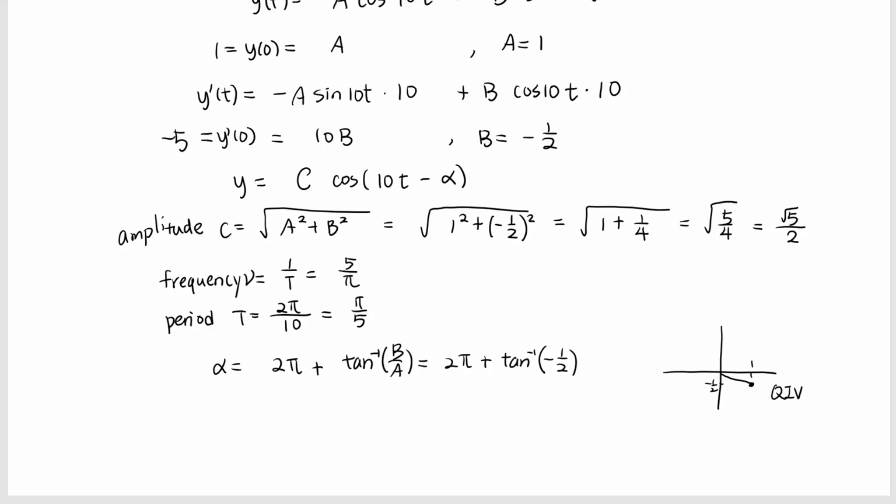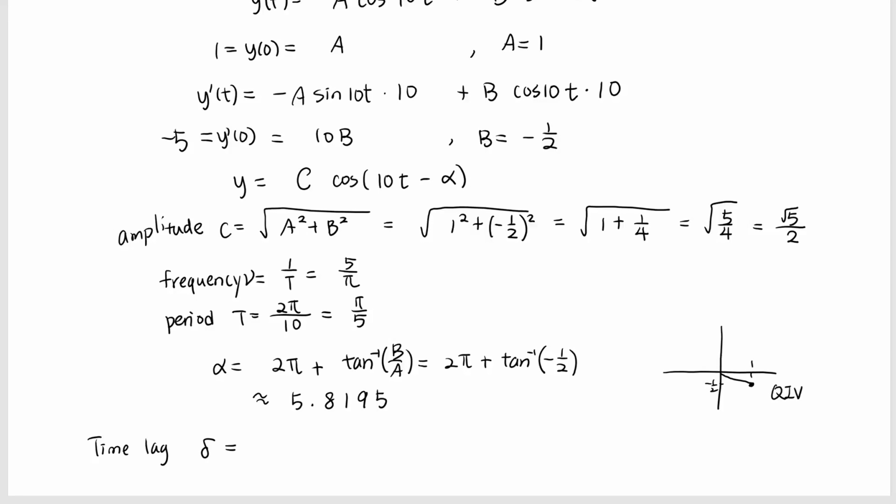So make sure you're in the radian mode. Okay, and then 2 pi plus arctangent of negative 1 over 2. I got this approximately 5.8195 radian.